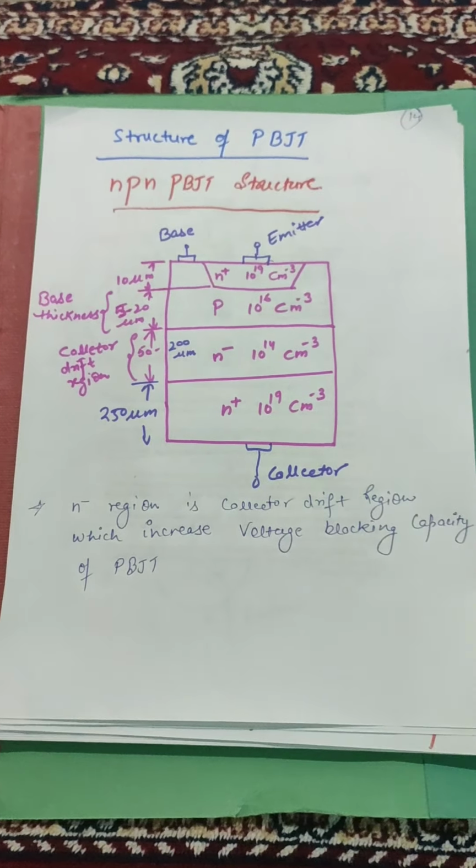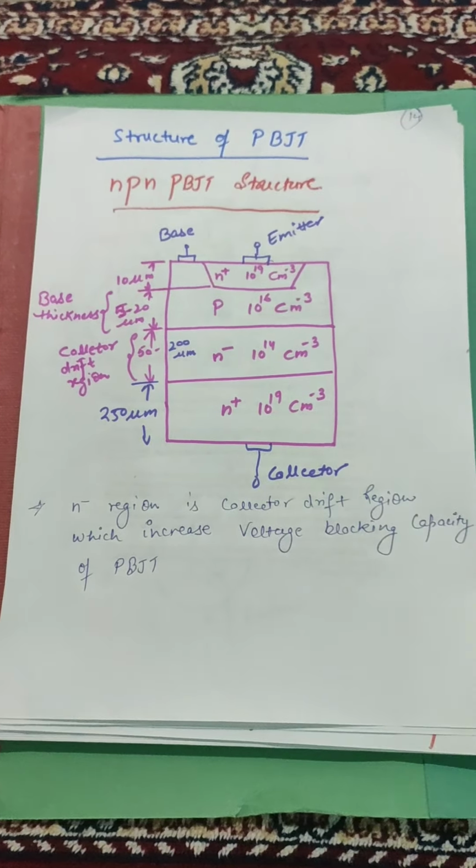The different regions have different thicknesses, and the drift region is about 50 to 200 micrometer. This is the drift region for the collector, which increases the number of electrons in the collector.